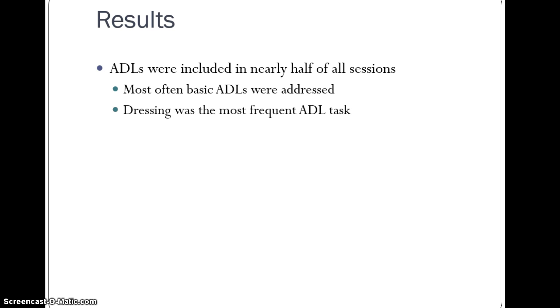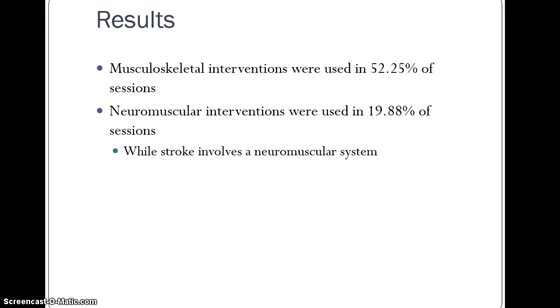ADLs were included in nearly half of the sessions, although mostly basic ADLs were addressed. In fact, upper extremity dressing was the most frequent ADL task that was recorded. Musculoskeletal interventions were recorded in over 50% of the sessions, about 52%, while neuromuscular interventions were only in about 19% of the sessions.